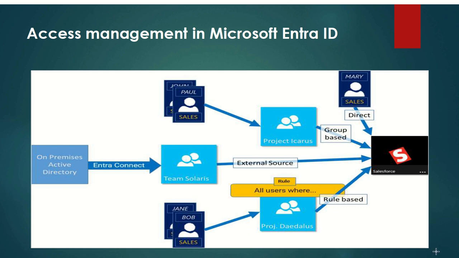Then comes the rule based assignment, or dynamic group assignment, I would say. Based on these users' attributes, Jane and Bob, whenever their attributes change, the rules will fire and decide whether they can be added to Project Daedalus or not, in order to have access to this application. That's what I explained over here.